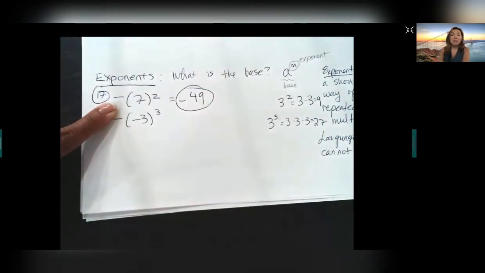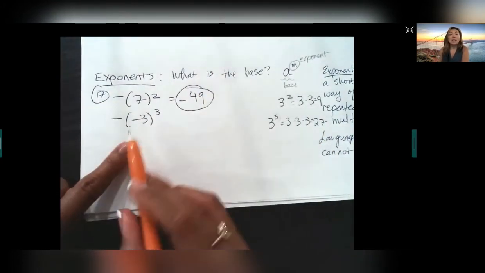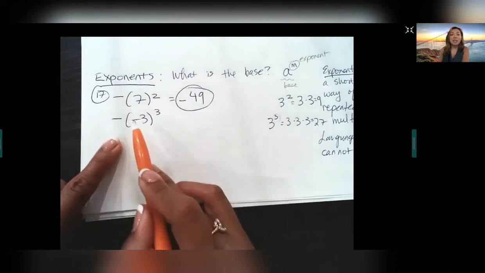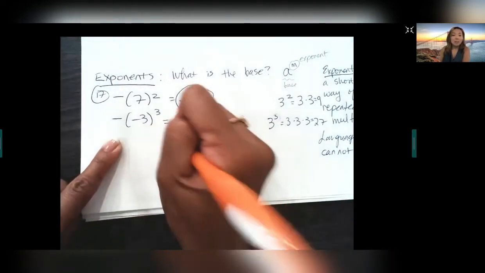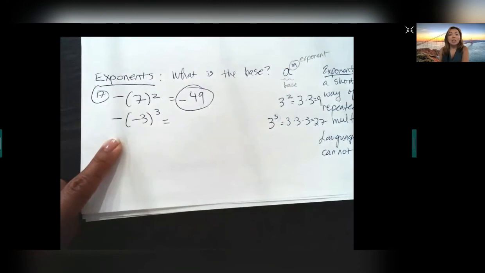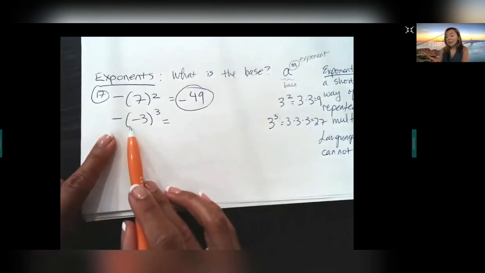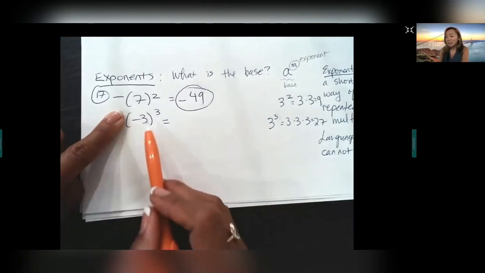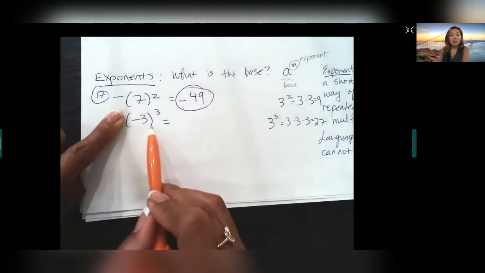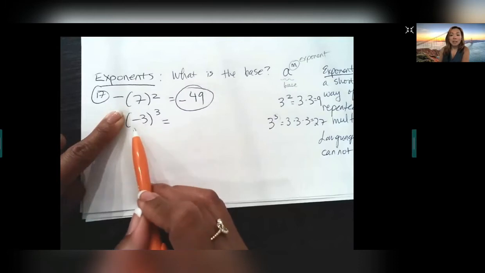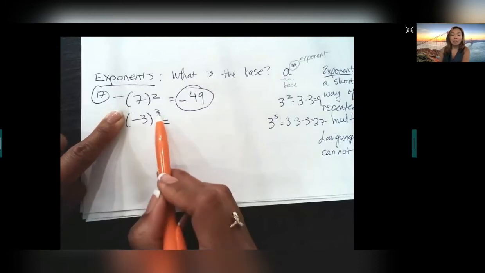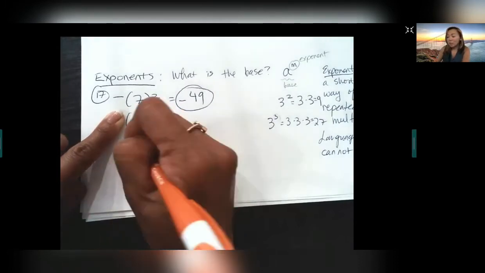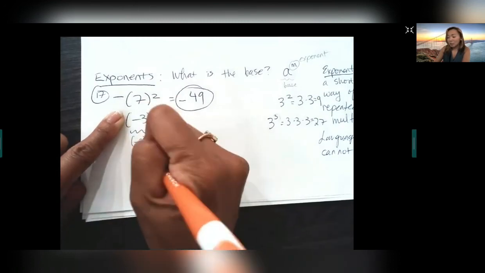Okay. Now the second problem here, I see negative 3 to the third power. That's a little bit more confusing. So what I'm going to do is ignore everything outside the parentheses. I'm going to put my finger here, just ignore it. And I see that inside the parentheses is a negative 3. So that means I'm multiplying negative 3 by itself 3 times. So negative 3 times negative 3 times negative 3, in other words.